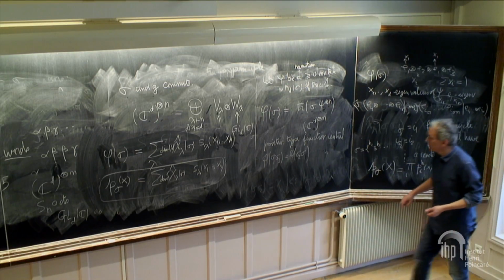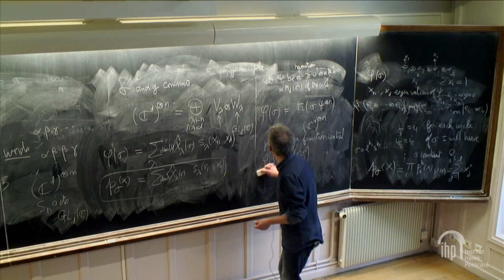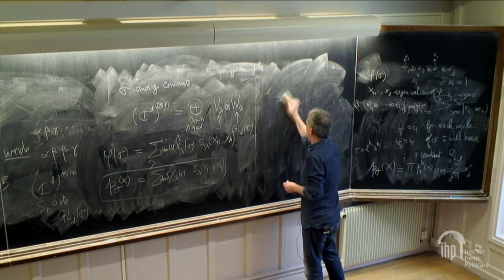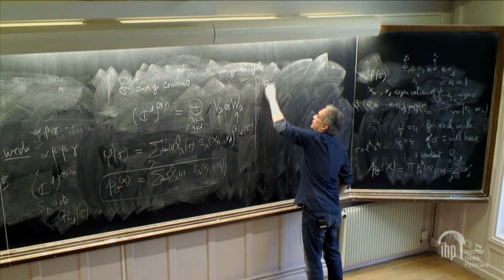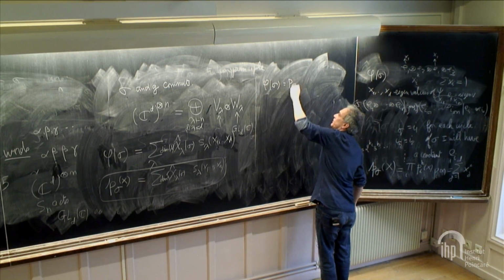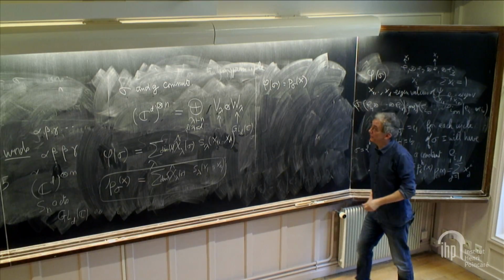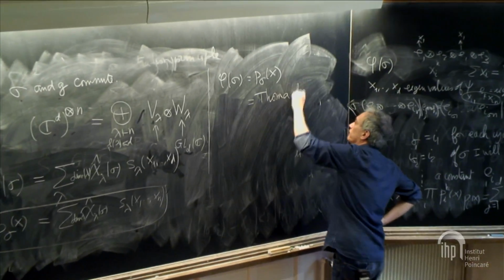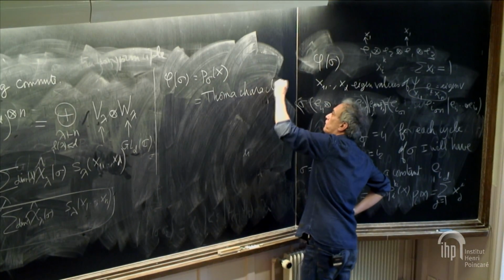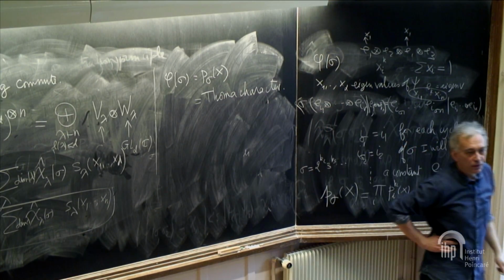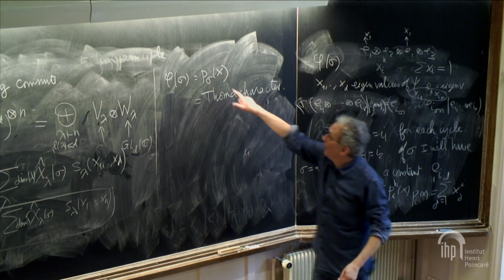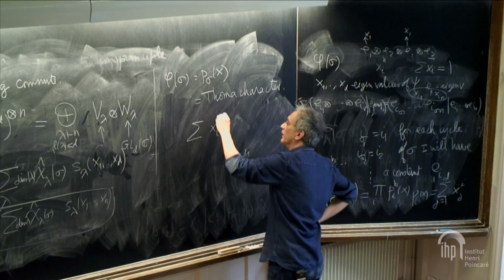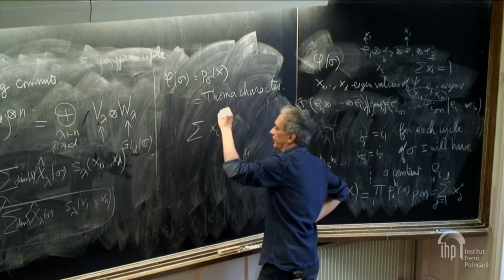Now you have to recognize something: what is P sigma of x? So phi of sigma, this is P sigma of x. And this is a Thoma character, because these are the sums of the x_i to the k.